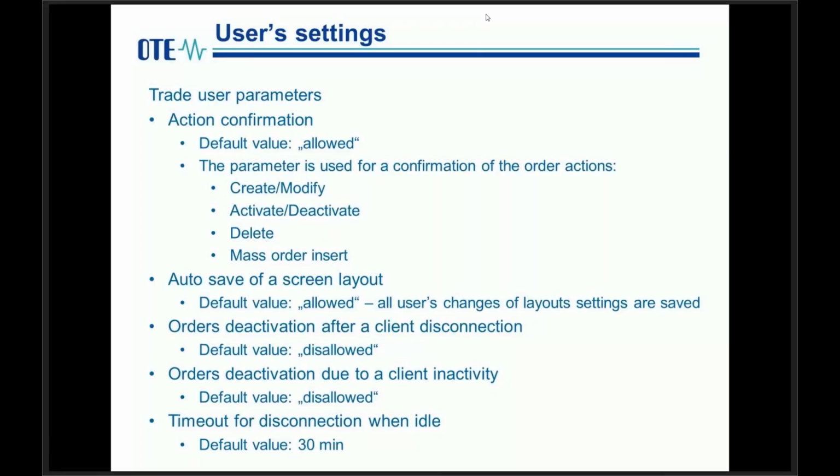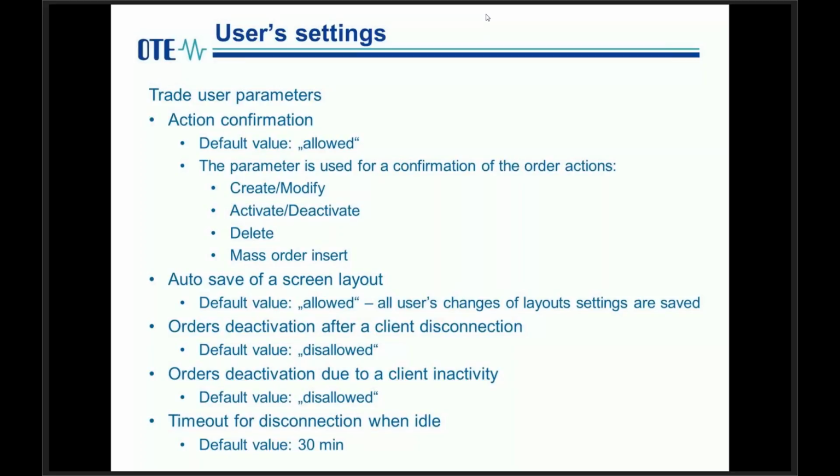So if you, for example, want to apply a functionality which changes something on the trading screen, for example you create or modify an order, or for example you enter an order with a counterparty, then a confirmation dialog shows up by default, which is in fact a security measure, so that the market participant is always forced to double check his action before he or she submits a change to the system.